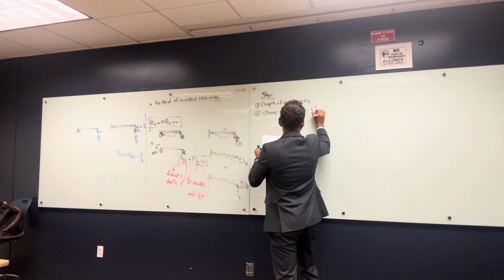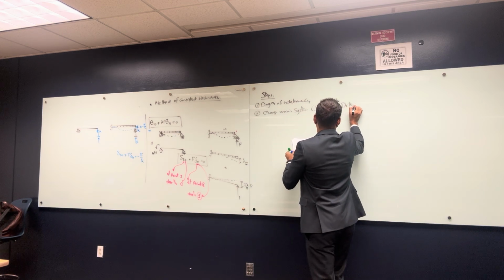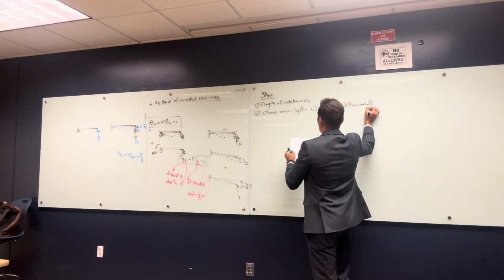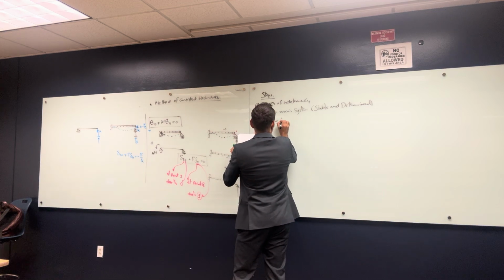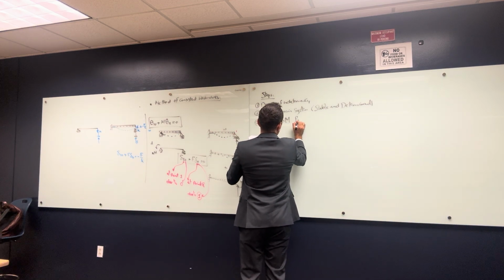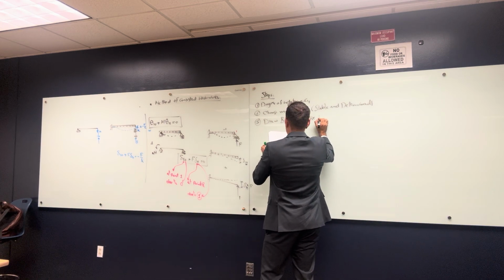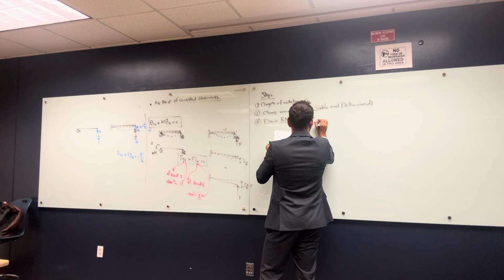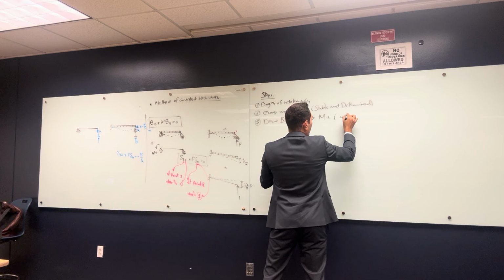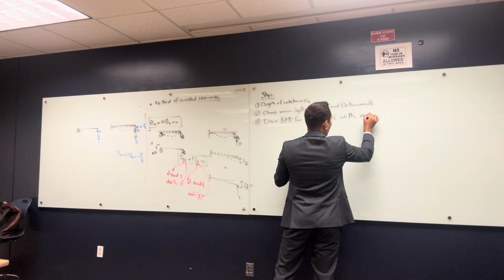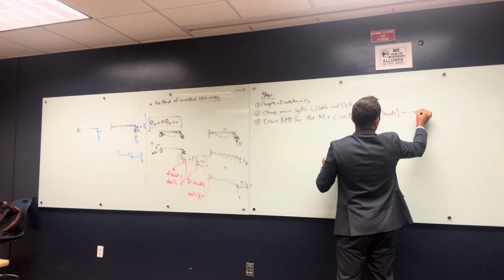And this main system needs to be stable and determinate. Number three, draw the bending moment diagram for the main system. Let's call it MS, main system. And this main system with original loads. And this bending moment diagram, we call it MO.